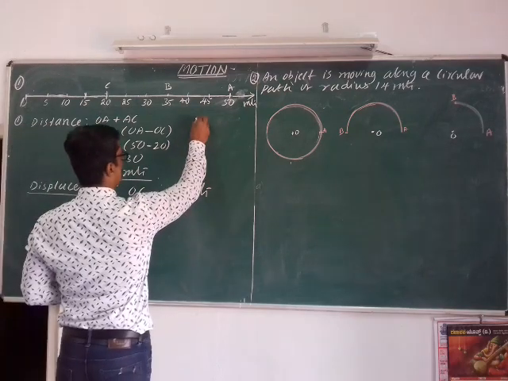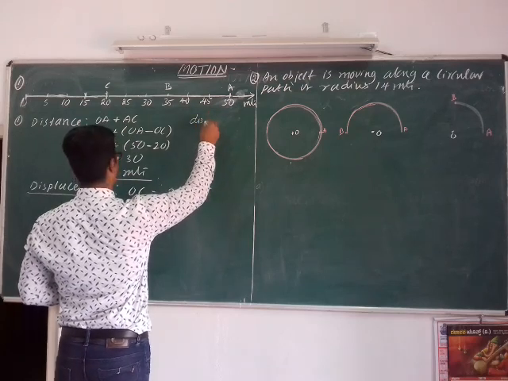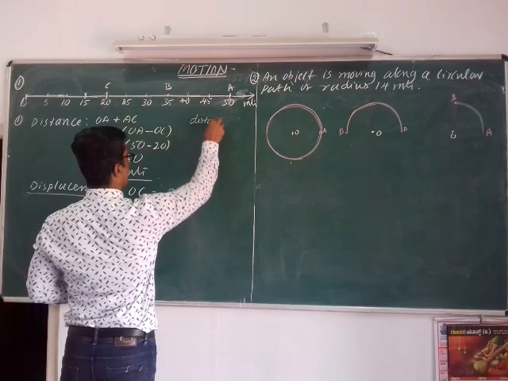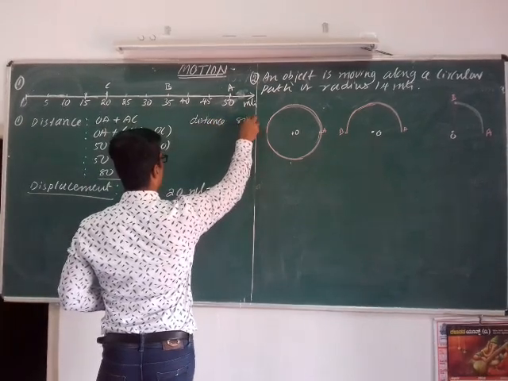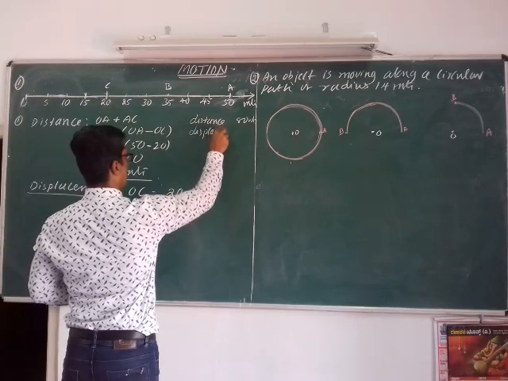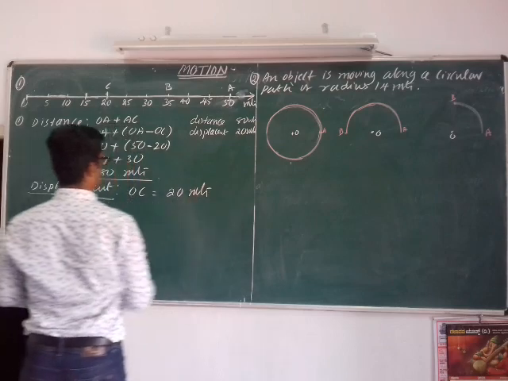I will take in order, write the distance and displacement. Distance is 80 meters. Displacement is 20 meters.